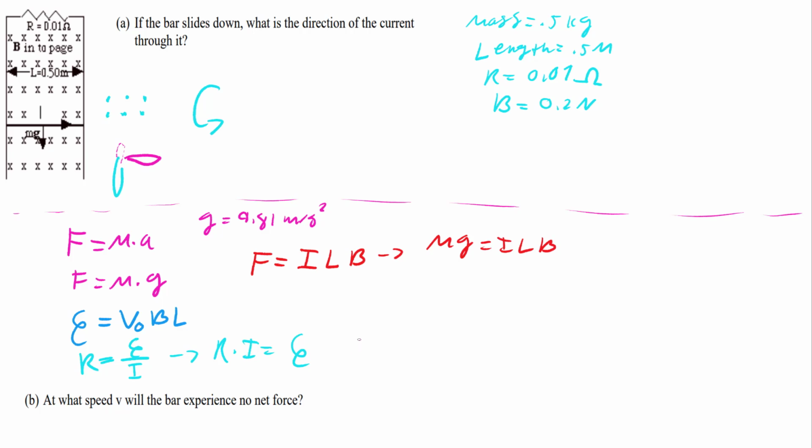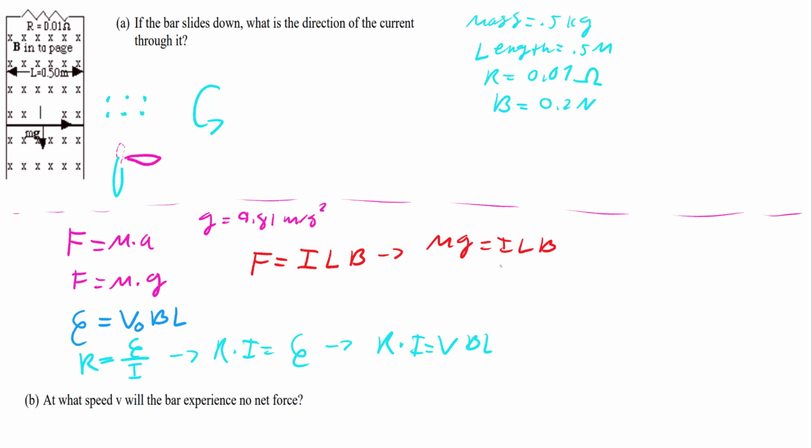Okay, hey, we're getting somewhere. Do you see what I can do? I can solve for I and then set the I's equal to each other. So R times I is equal to the voltage, which means that R times I is equal to this guy, vBL.